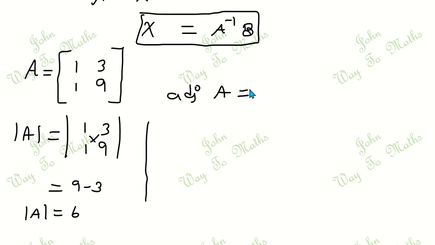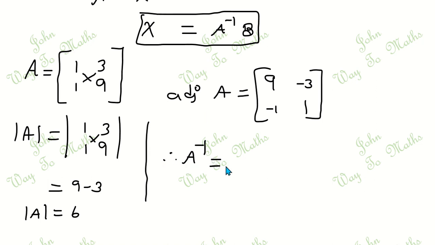So the adjoint of A matrix, first diagonal entries நம்ம interchange பண்ணிக்குவோம். So 9 1, then second diagonal sign மட்டும் interchange பண்ணிக்கலாம். So plus 3 can be written as minus 3, plus 1 can be written as minus 1, is the adjoint of A matrix. So now I'm going to write the formula: A inverse is equal to 1 by determinant of A into adjoint of A.